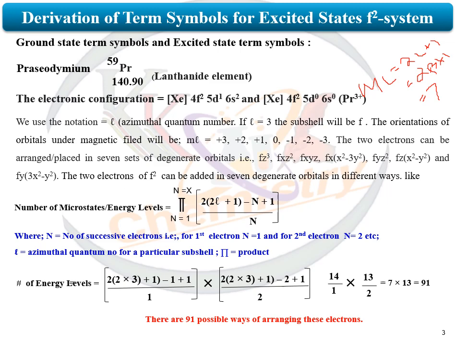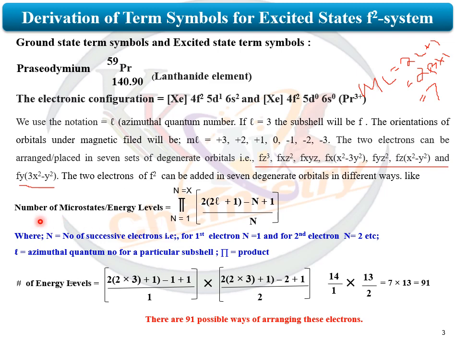Here are these 7 orbitals, much more complex as compared to the p and d orbitals. Now the question might be in your mind: how many boxes can you form, or how many energy levels are there which are used by these two electrons, or in other words, how many transitions are possible for the f2 system?